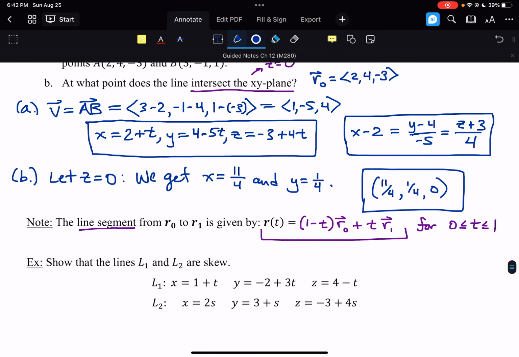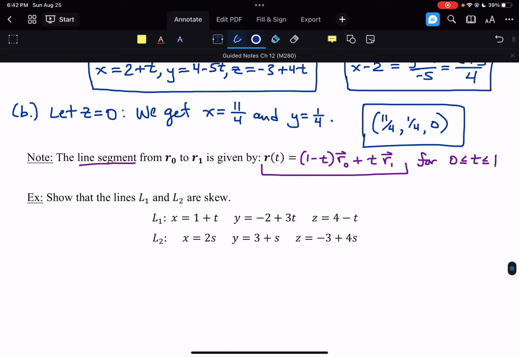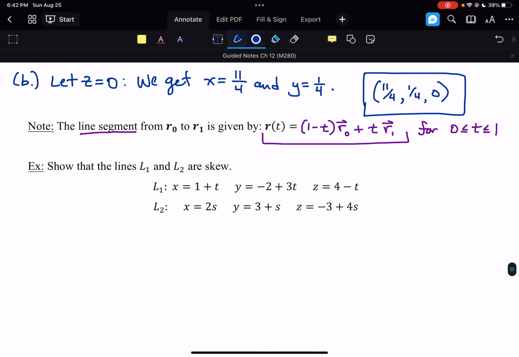This next example here, we want to show that the lines L1 and L2 are skew. So first, we have to define what that means for lines to be skew. Now, in 2D, when you're looking at the XY plane like this, lines can be parallel. They can go the same direction. They could cross and intersect at a point, and that's it.